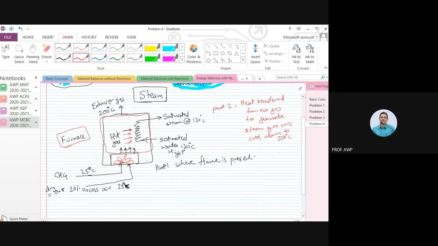Just some number. Let's not worry about whether it is 200 or 300 or 250 or 290 or 210 or 198. I'm just saying that it is cooled down to 200 degrees centigrade. Do you agree with that? Yes, no? Is everybody able to visualize?